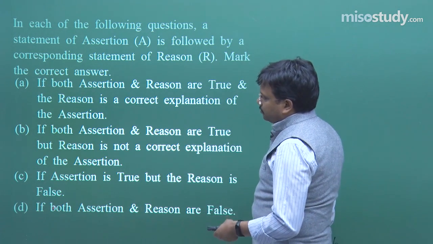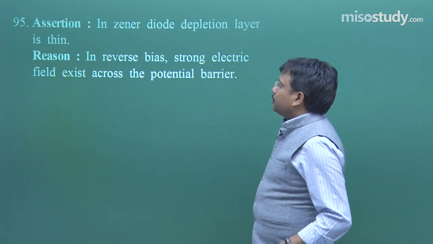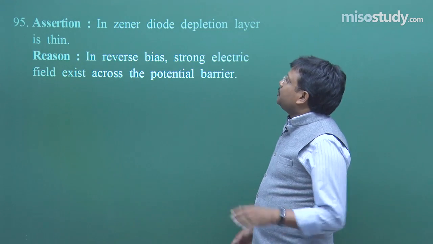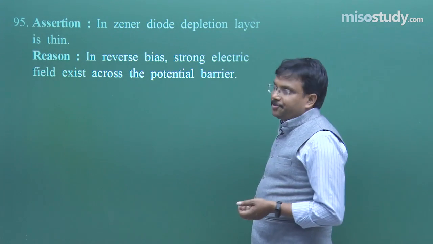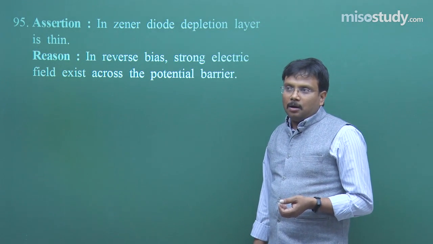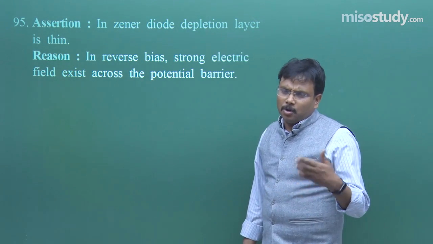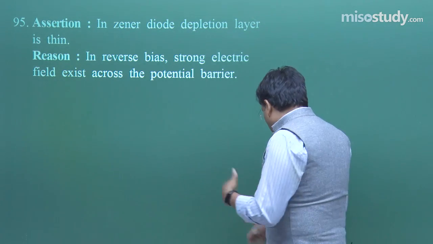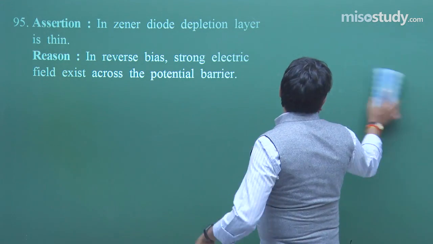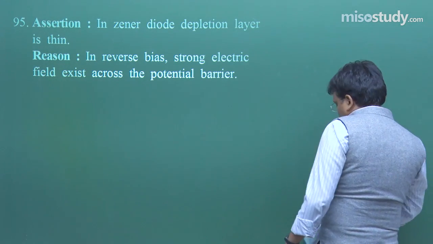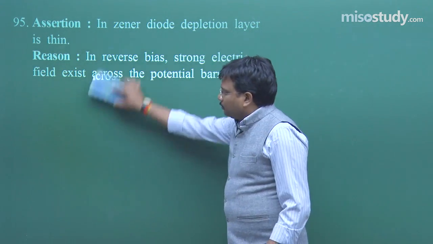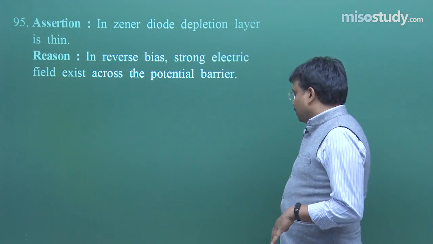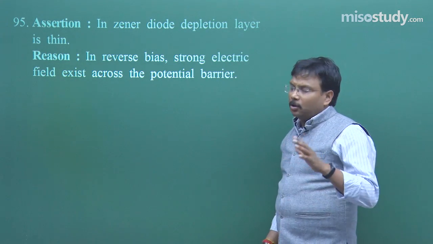Fine. So, same options. First question: in Zener diode, depletion layer is thin. Well, this is directly picked from your textbook. If you are reading the chapter, you should try to understand this idea of thickness of depletion region, forbidden energy gap, and all these things.